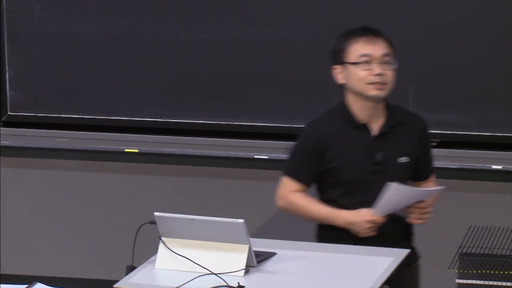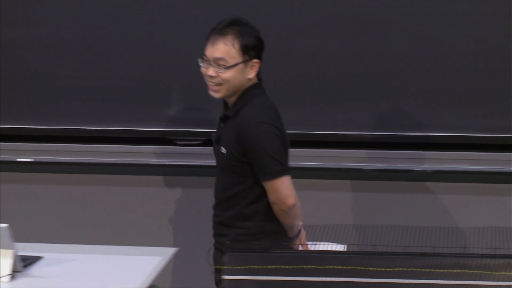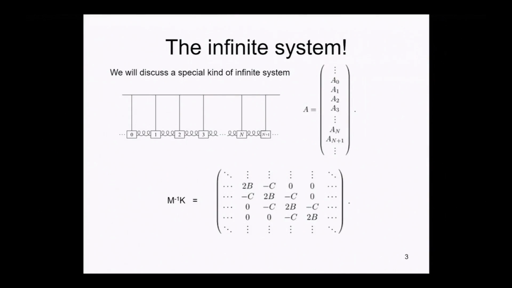We have been making progress, and we have been increasing the number of coupled oscillators as a function of time. Now we finally arrived at our limit, which is the infinite system. What we have been discussing is a special kind of infinite system, which satisfies translation symmetry. In general, we don't know how to solve an infinite system. If the system is really complicated, with no symmetry, then who knows how to solve it?